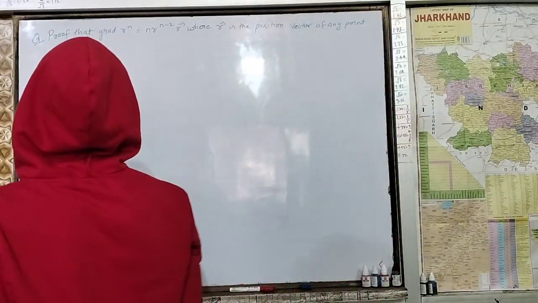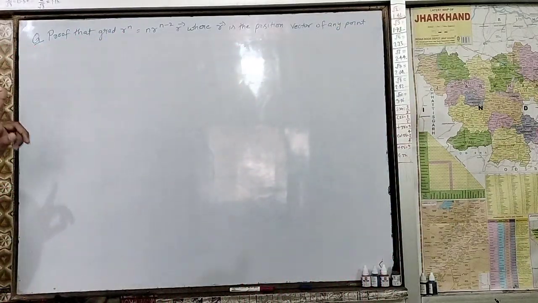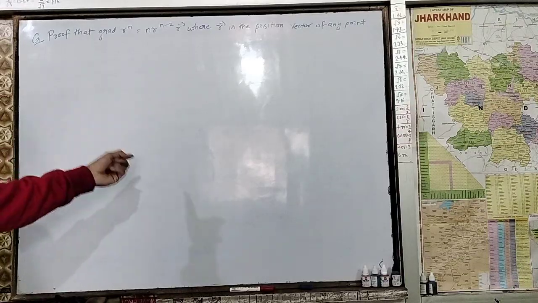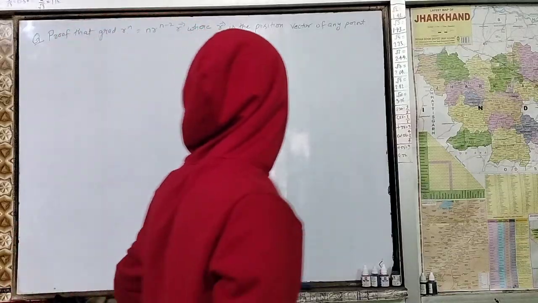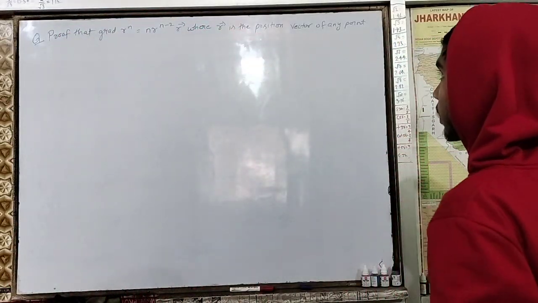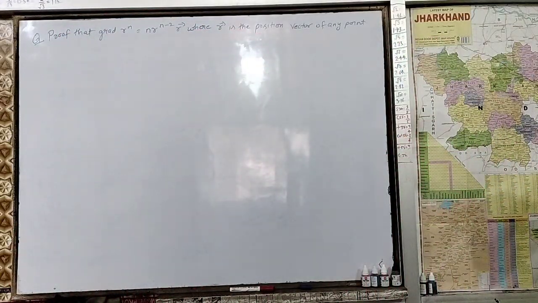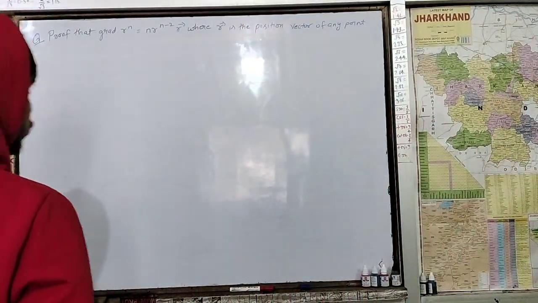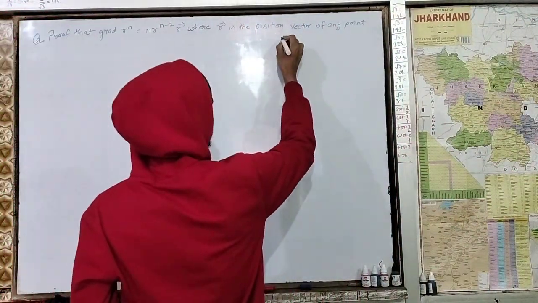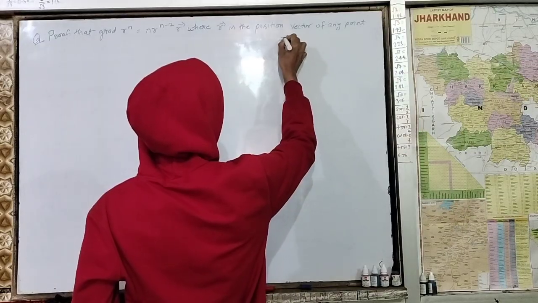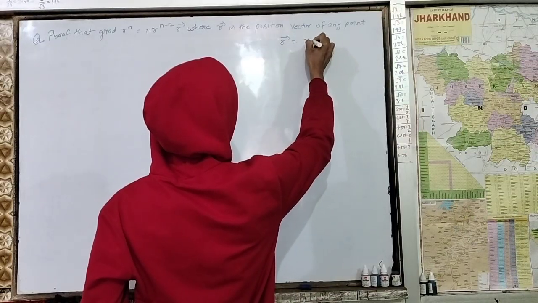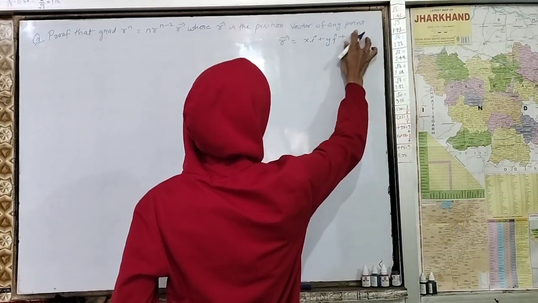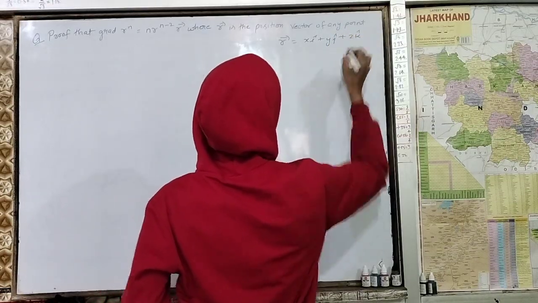Okay, we have to prove that grad of r raised to power n is equal to n r raised to power n minus 2 into r vector, where r vector is the position vector of any point. Okay, so finally you can say this r is equal to x i cap plus y j cap plus z k cap.